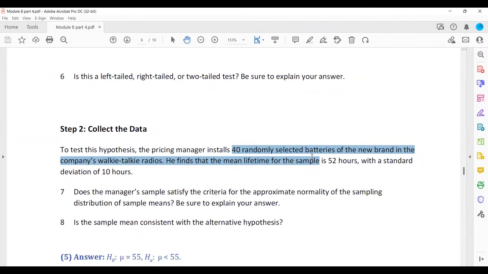He finds that the mean lifetime of this sample is 52 hours with standard deviation of 10 hours. 40 is the sample size, 52 is the average of this sample, and 10 is the standard deviation of the sample.